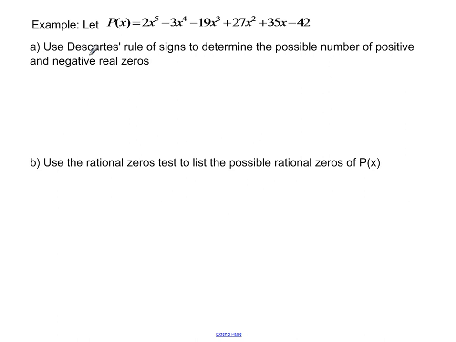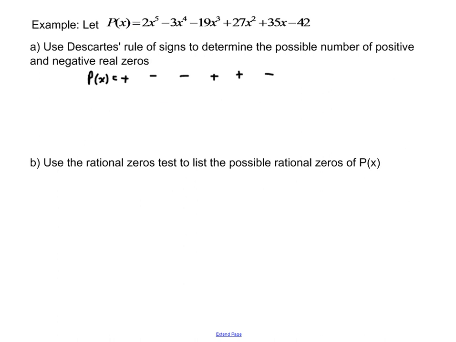Let's take a look. P of x equals 2x to the fifth minus 3x to the fourth minus 19x cubed plus 27x squared plus 35x minus 42. So what do we know? Well, by Descartes' rule of signs, if we just look at the basic function itself, p of x, how many sign changes are there? We go from positive 2x to the fifth to minus 3x to the fourth to minus 19x cubed to positive 27x squared to positive 35x to negative 42.